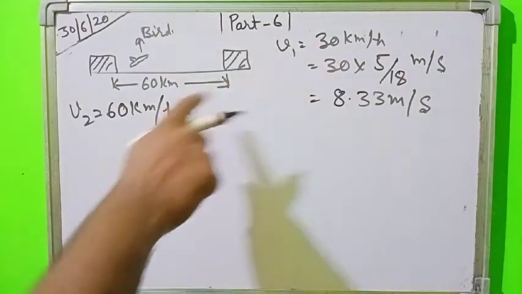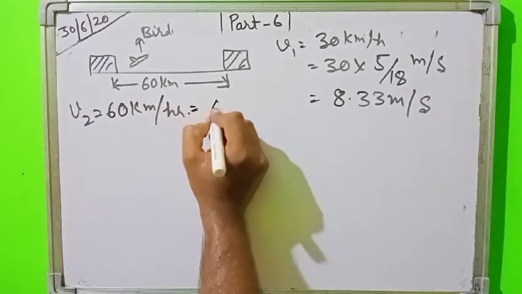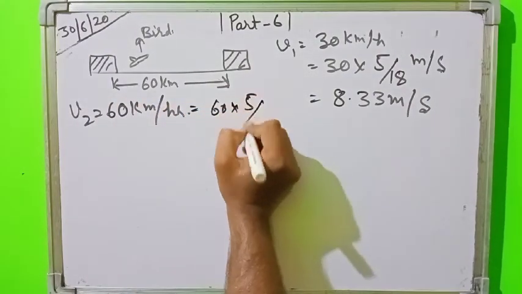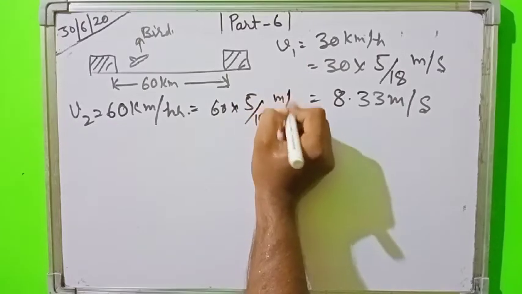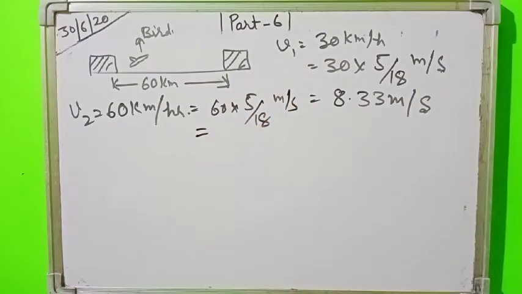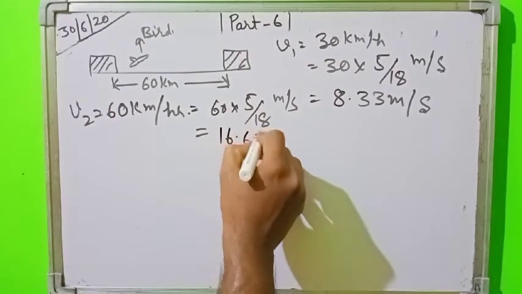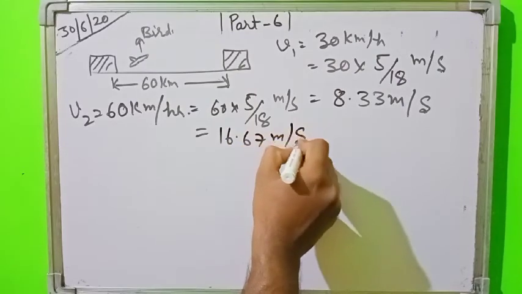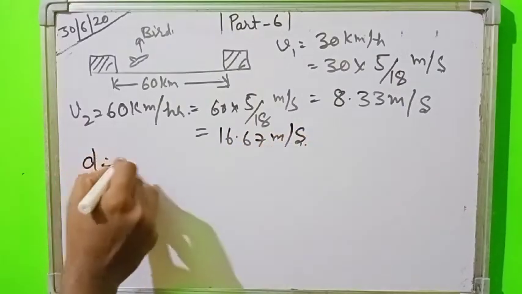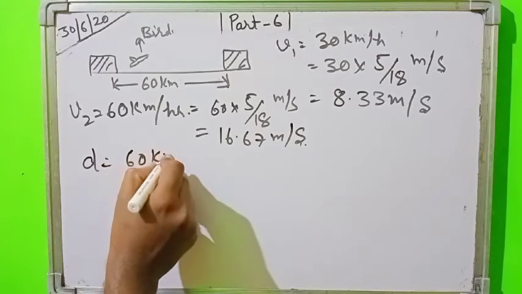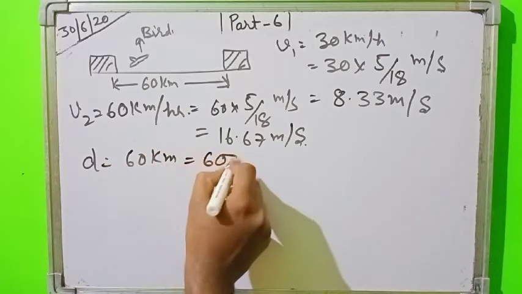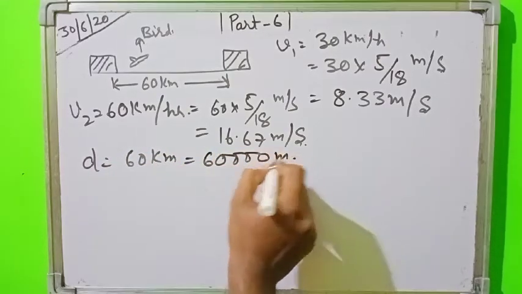This is the speed of the train and this is the speed of the bird. So 60 into 5 upon 18 meter per second, and it will be 16.67 meter per second. The total separation D is 60 kilometer, means 60,000 meter.